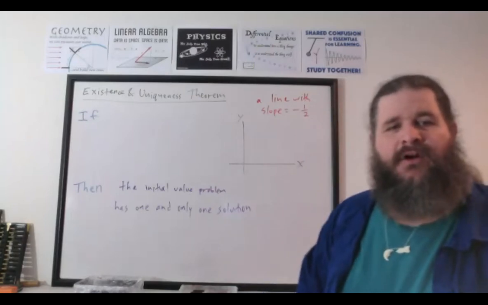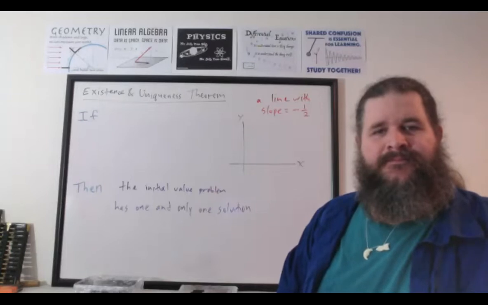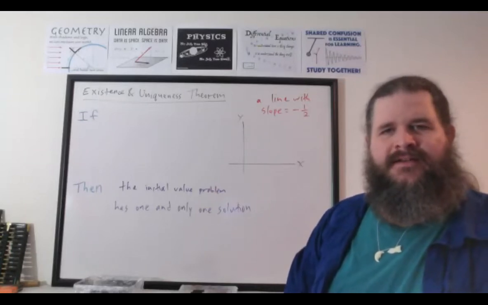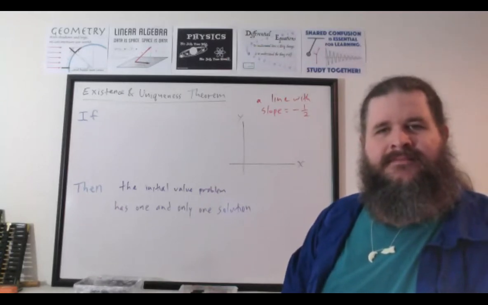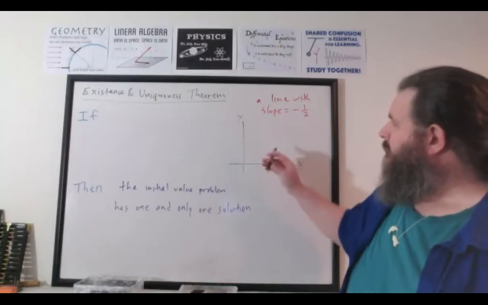How many functions are there that are a line with slope -1/2? A lot. Specifically, how many? Infinite. Yeah, there's infinitely many lines with slope -1/2.